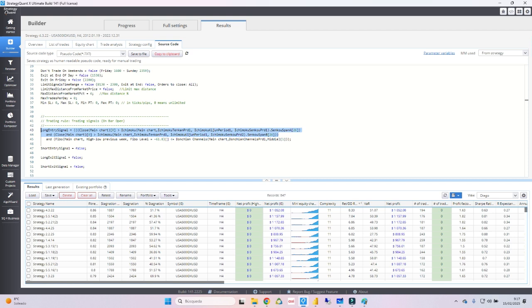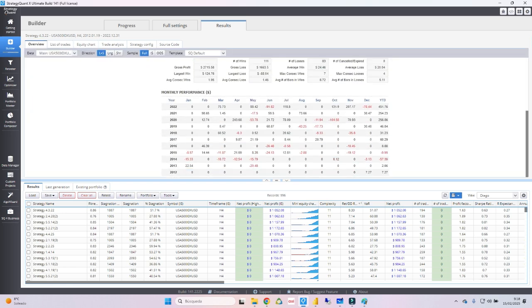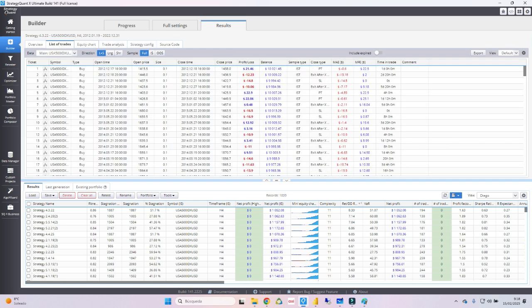But the third rule was added randomly by StrategyQuant, and it's checking that the Fibonacci high-low of the previous week at a 61% retracement is lower or equal than the Donchian channel, the middle channel of the previous bar. So we are going to see how the overview and the equity chart look.